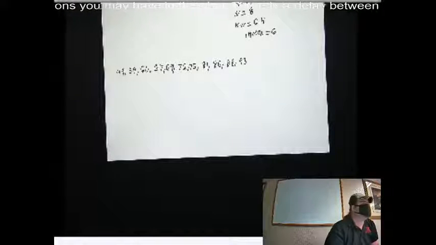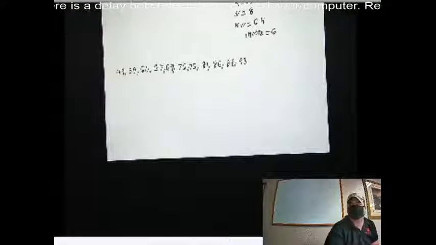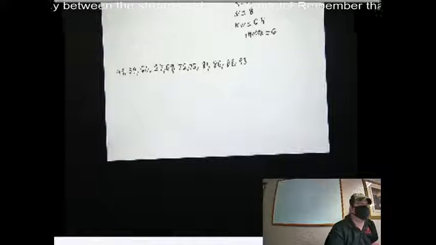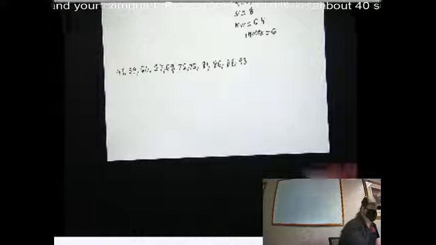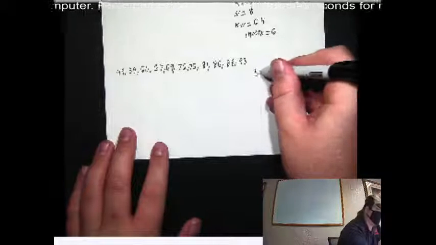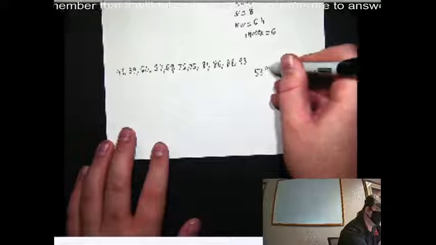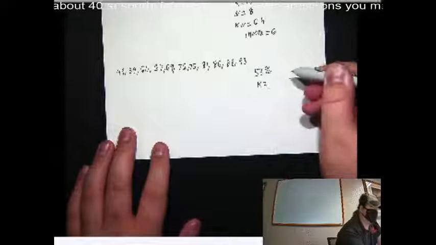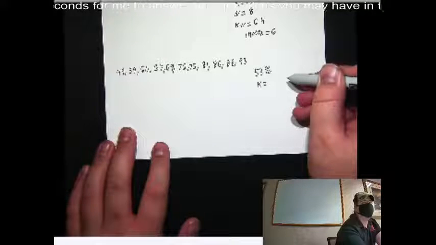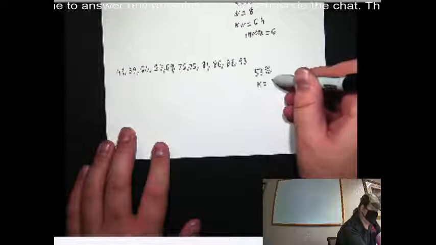And let's find a percent. Doesn't matter to me. Somebody yell out a percent to me. 53. Is that what I heard? Yeah. All right. So 53%. So what is our K? 0.53.